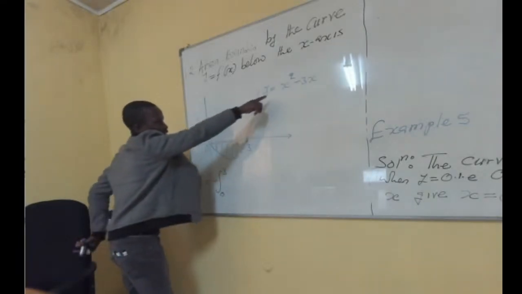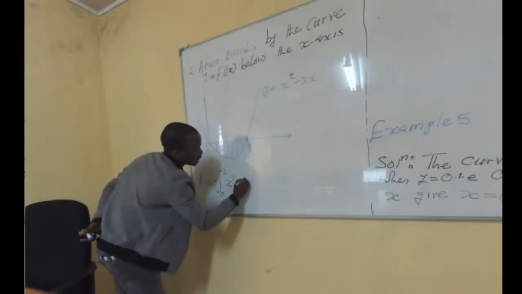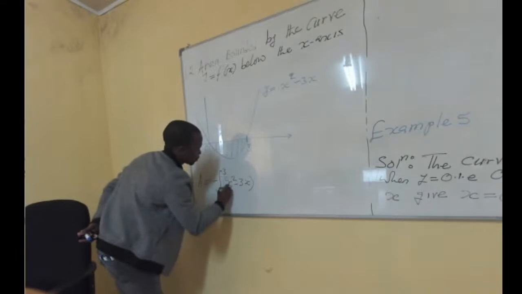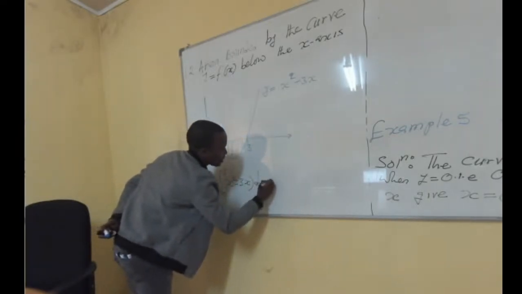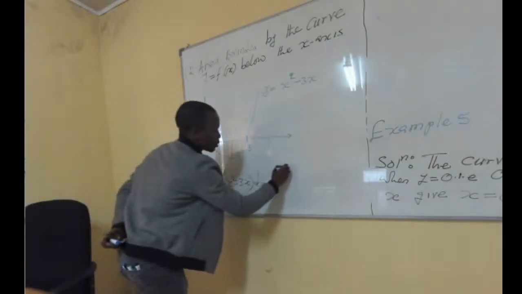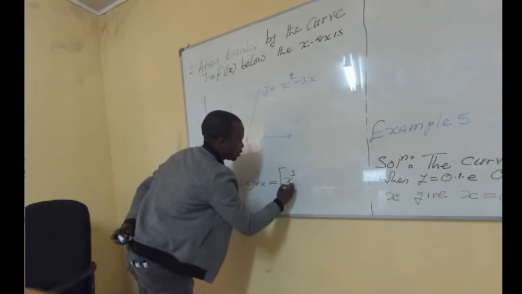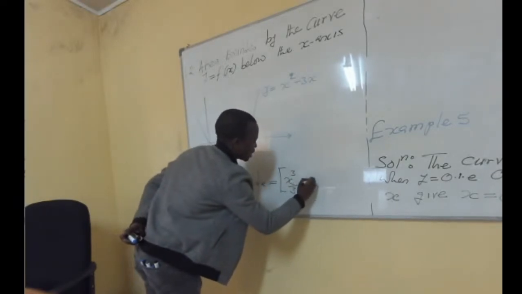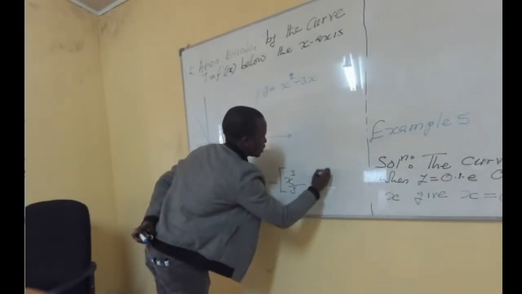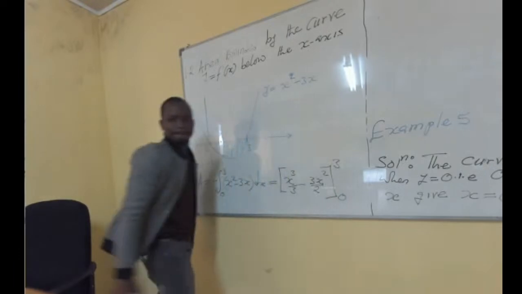Our f of x in this scenario is x squared minus 3x dx, which will give us x cubed over 3 minus 3x squared over 2, with limits from 0 to 3.